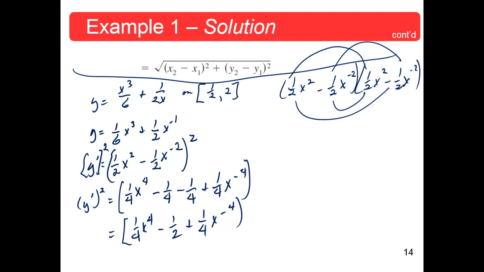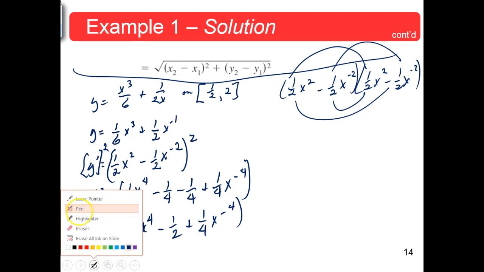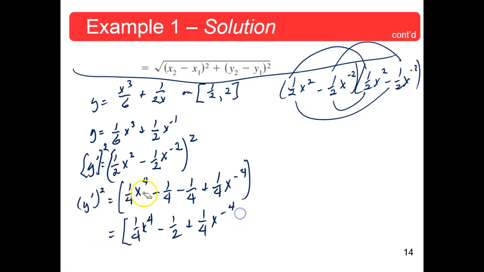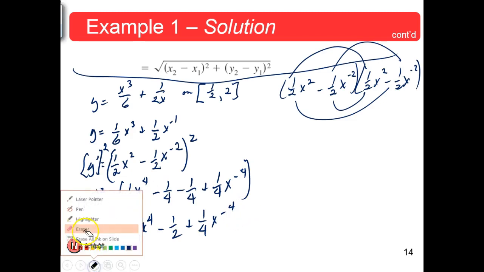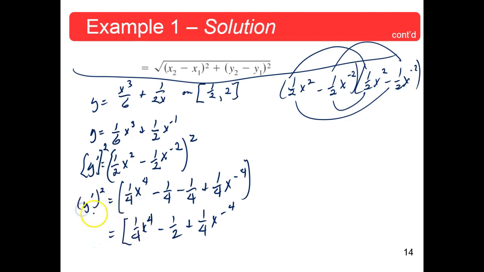And then you do what? Add 1 to it. So I'm going to remove the parentheses here and just add 1. Okay, so this will be y prime squared plus 1, so I'm just going to add 1 to that. Sound okay?